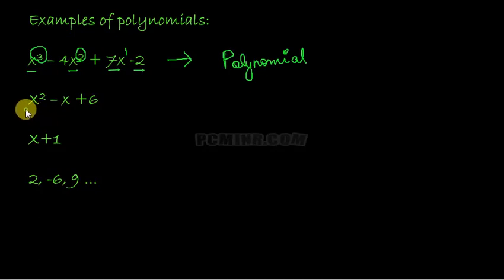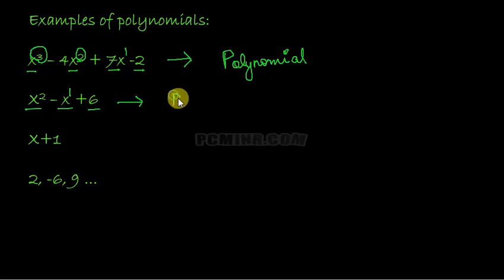Similarly, you can see x square minus x plus 6. This is also an algebraic expression which contains 3 terms with the variables, and the power of the variable is again a whole number everywhere. It's 2 and 1.